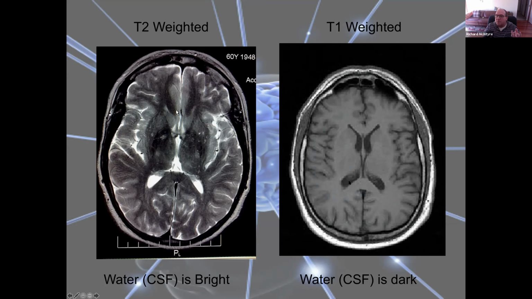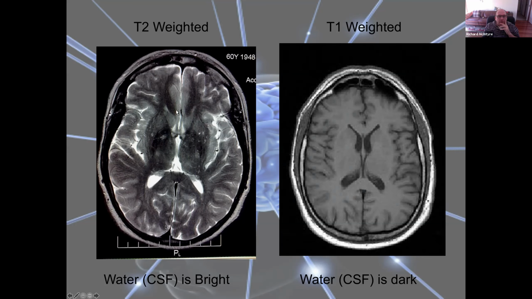In this one, the fluid is dark. We have one more called proton density weighted images, which are a little mixture of them both, but we'll learn more of that in the coming lectures.